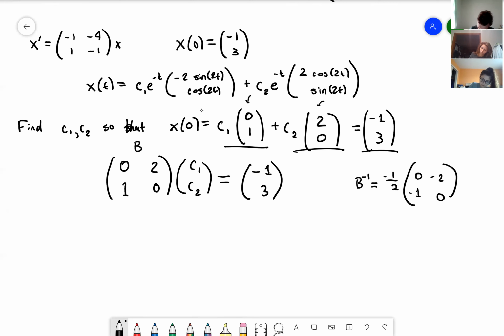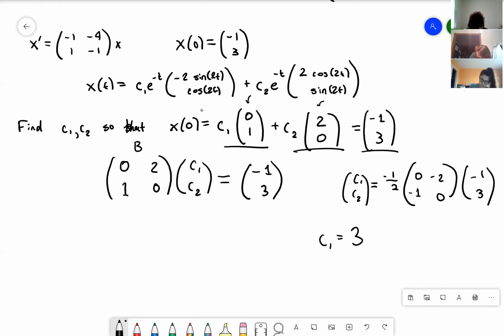And so if I want to get C1 and C2, I just do this matrix multiplication here. What I get is C1 is equal to -1/2 times 0 minus 6. So -6 times -1/2 is 3. And C2 is equal to -1/2 times -1 times -1. So -1.